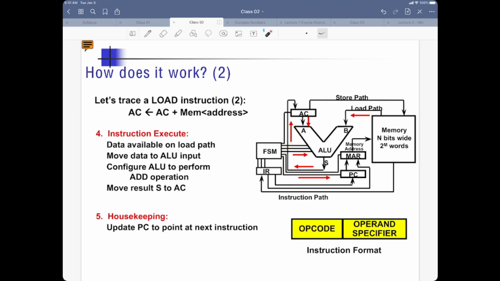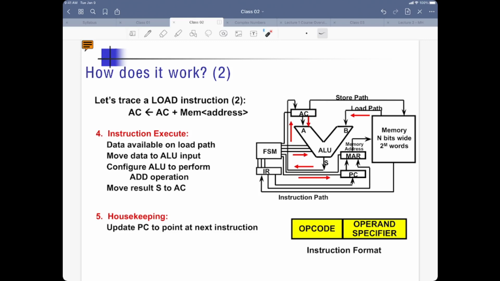We do not need separate instructions to do these things, right? That is part of that particular step of executing. Last one, housekeeping, which means increment the program counter to the next instruction. We usually write that as PC equals PC plus 1. And when I say 1, it doesn't really mean 1, it means one instruction.